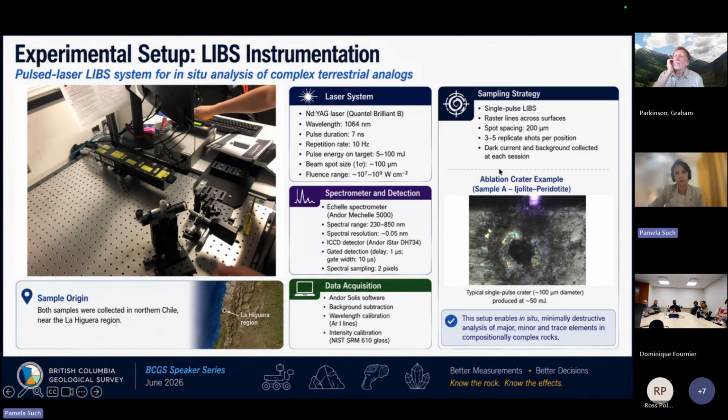And then we used a spectrometer for this study, and we acquired the data with the software. We performed a single-pulse LIBS laser shot per crater we created, with the spot spacing at 200 microns. So we shot pulse 1 in the sample, and then we moved 200 microns, did it again, and repeated.